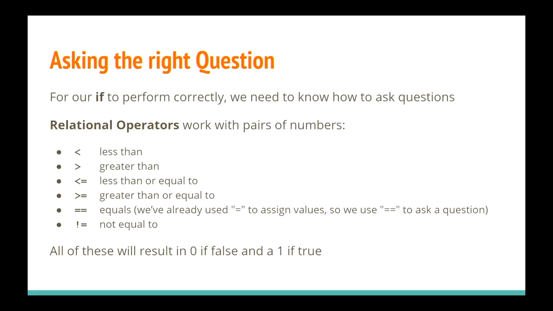The double equals is a question: are these two values equal to each other? Then we have not equals, which is an exclamation mark and an equals. All of these result in a 0 if it doesn't make sense mathematically, or a 1 if it does. So now we have questions we can put in the if statements.